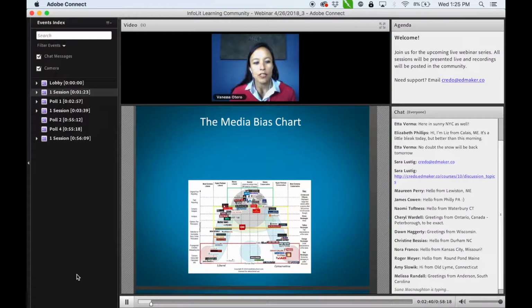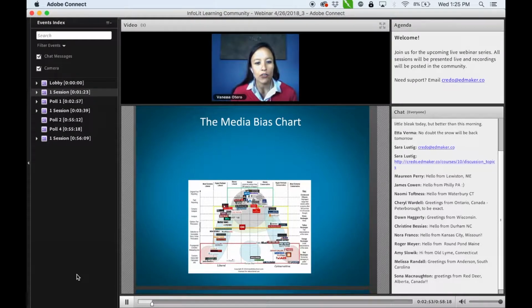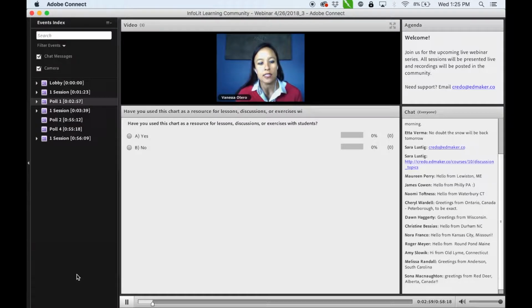So I'm here to talk about the media bias chart. And I know quite a few of you have probably seen this on the internet. That might be why you are logging on today. And while I go over this, I just want to throw out a quick poll question to see how many of you have actually used this as a resource, have seen it before, or planning on using this as a resource.